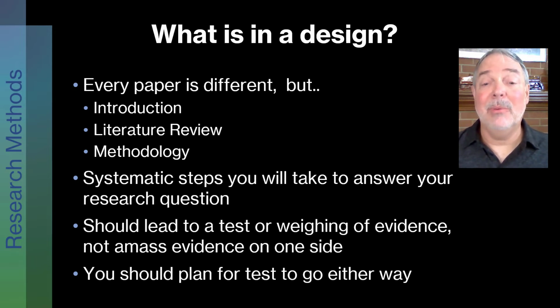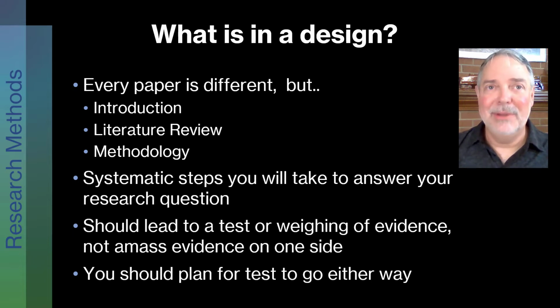So, you have to be ready to have a negative finding, right? That you had a hypothesis that some independent variable was working, but it turns out it didn't. And you need to plan for your test to go either way. Usually what that means is, if I test this hypothesis, there are people who think this, right?